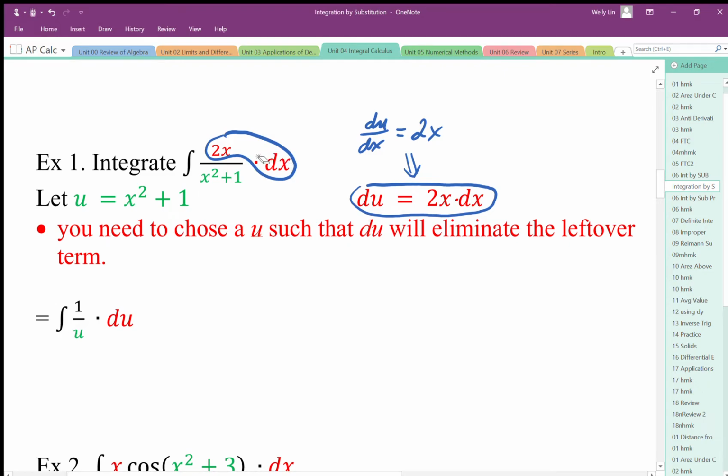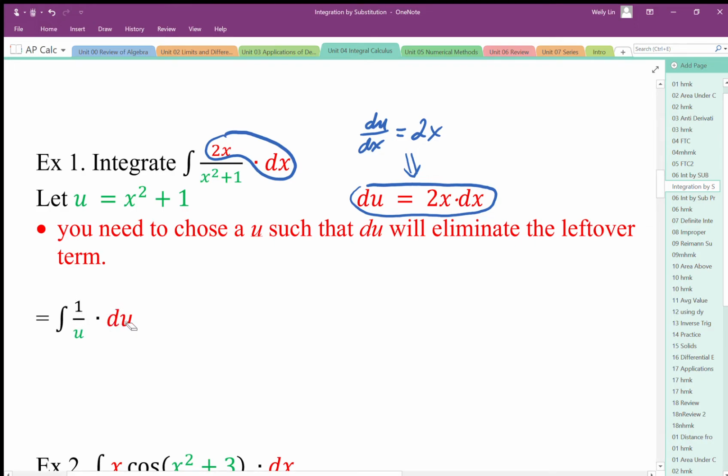So when we do the substitution, we replace the x squared plus 1 in the denominator with u, and notice that the 2x dx can now be replaced by the du. So we get this expression that looks like this. So we end up with the integral of 1 over u times du. Well, we now have a function in terms of u.